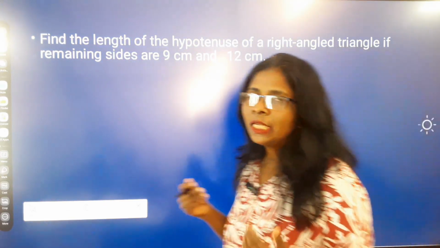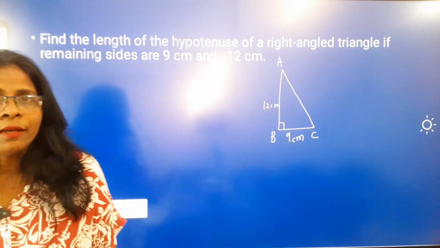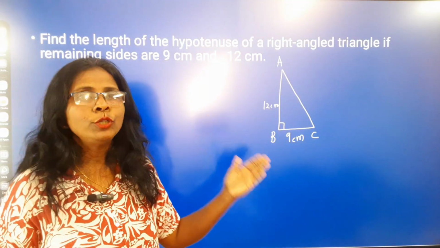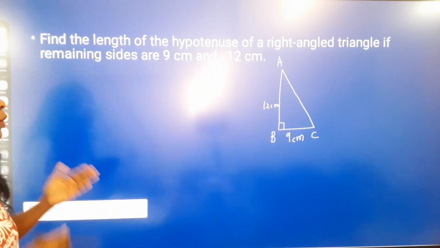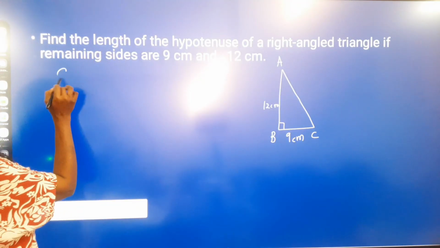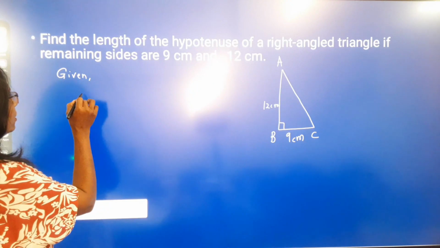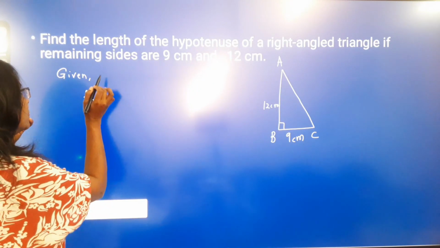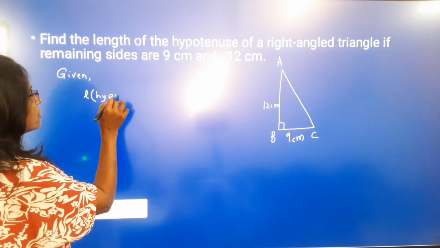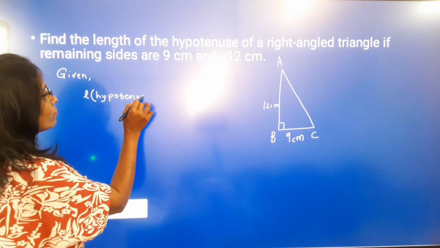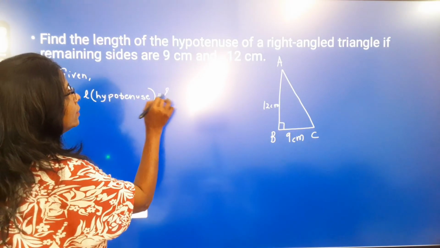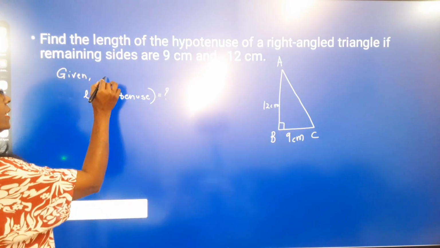Okay, very easy example, because here in the right angle triangle we use the Pythagoras theorem. So here first we write the given, that is length of the hypotenuse. Then the given is a right angle triangle.